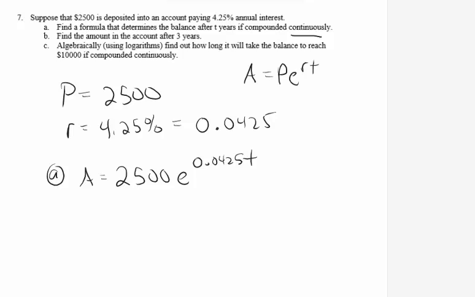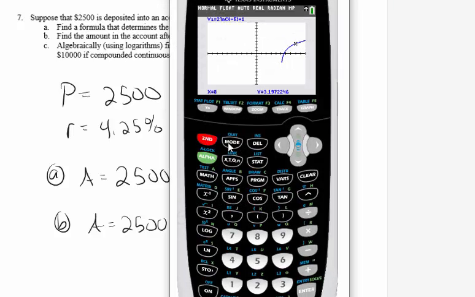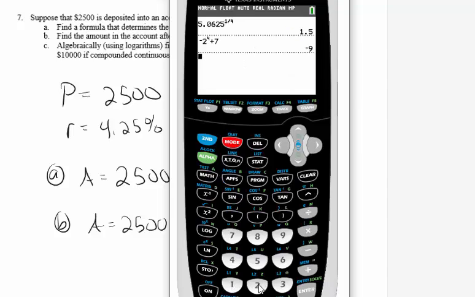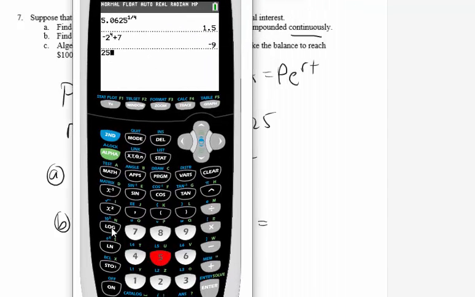Part B, we're going to find the amount after 3 years, so we'll plug in 3. So A would be 2,500 e to the 0.0425 times 3. And we can punch that into a calculator and see what we get. So if we do that, we get 2,500, second, natural log to get e.